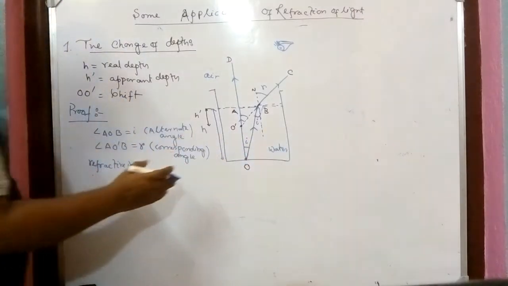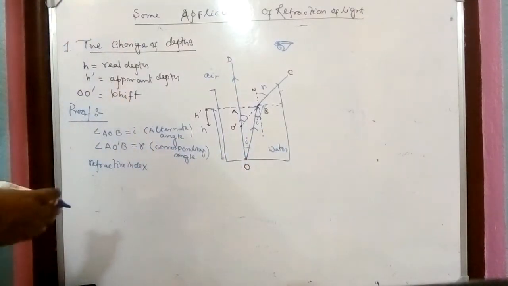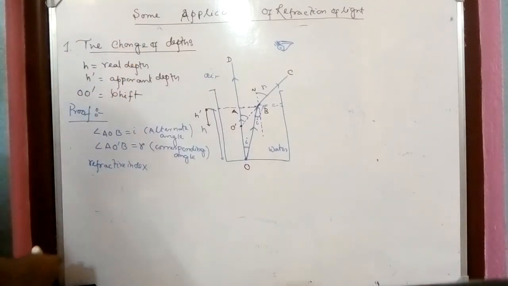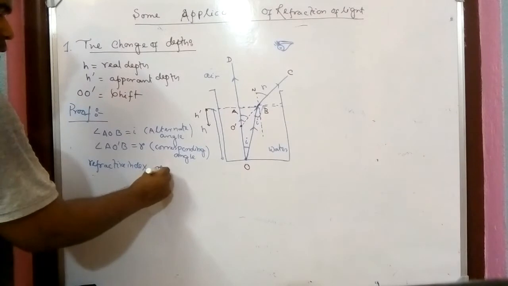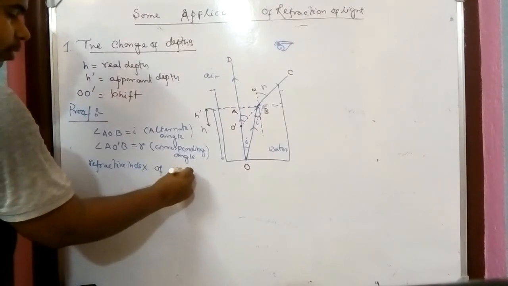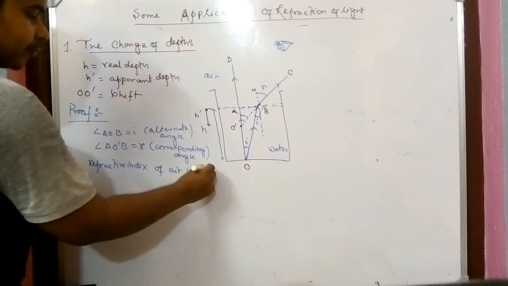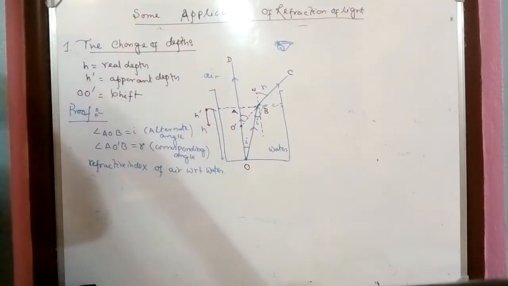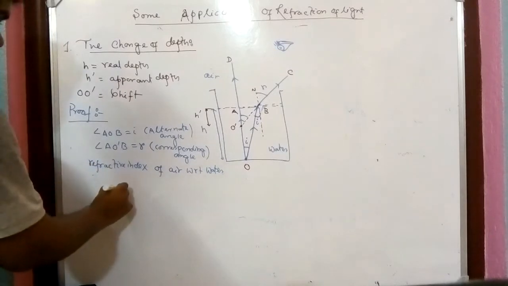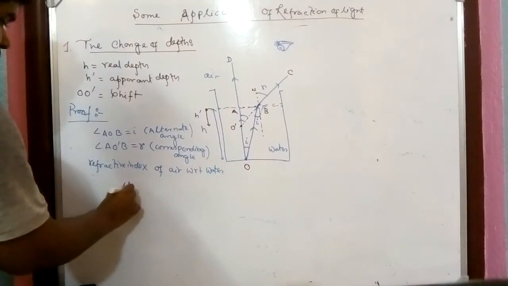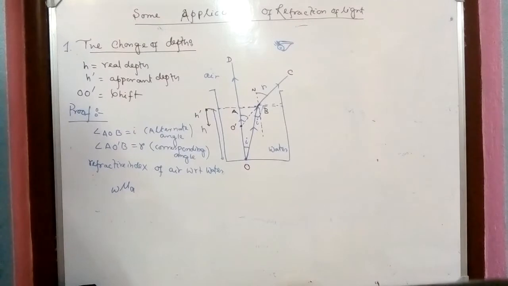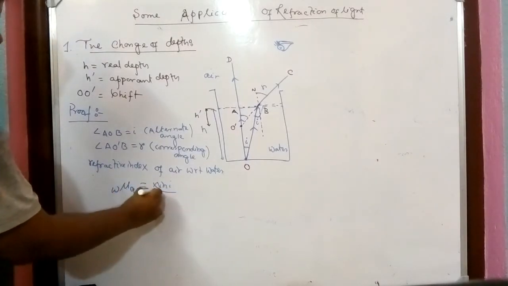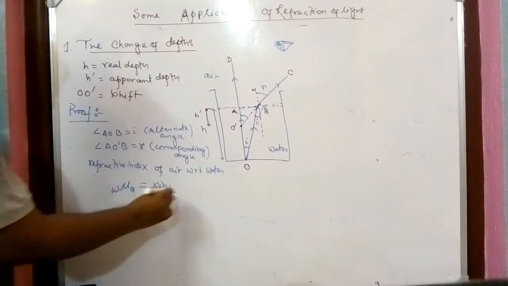As the light ray we have seen is coming from water to air, it should be the refractive index of air with respect to water, because the incident ray is coming from air, and that will be wμa, and that is equal to sin i by sin r.